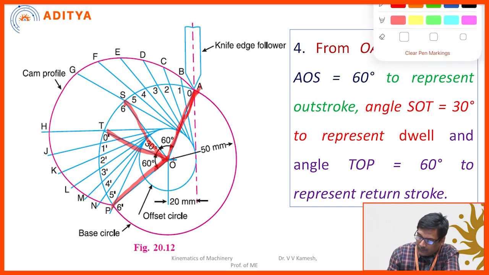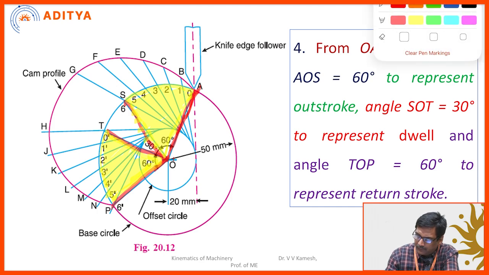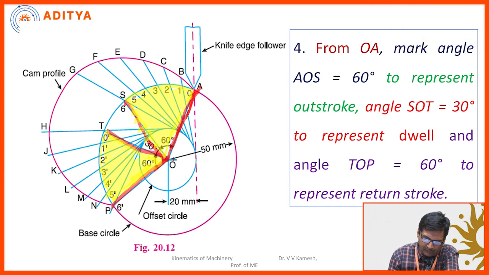Okay. Now this part, what is this part? This is actually the rise part. Similarly, this part, what is this part? This will be the return part. Now in between we are having dwell.